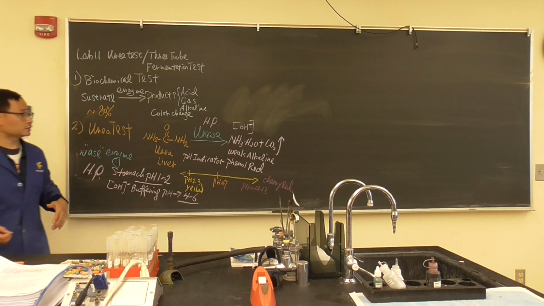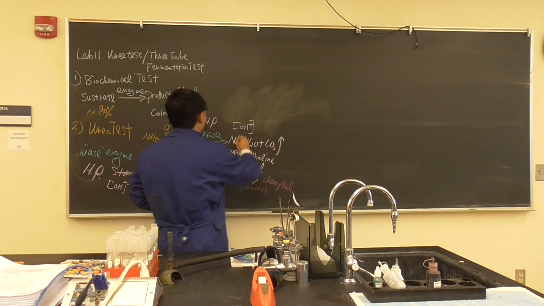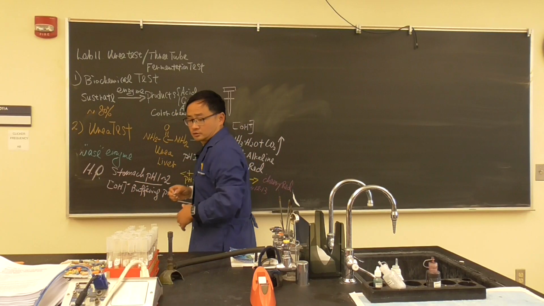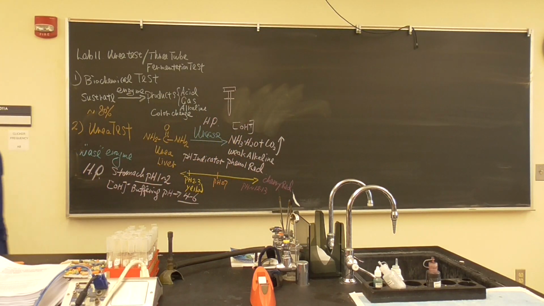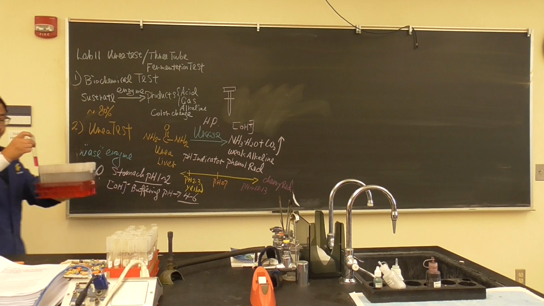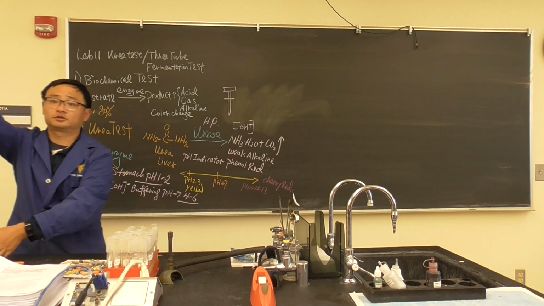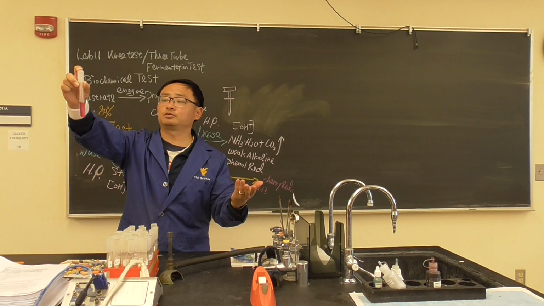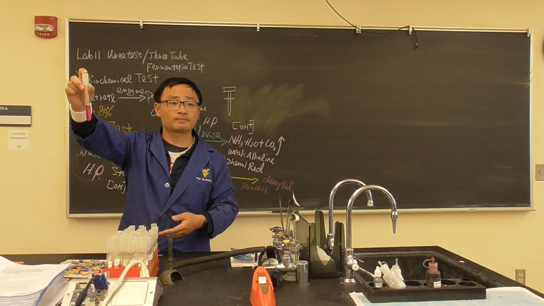So that's the urea test. Now today's work is very simple. We have this tube called the urea tube, and it looks cherry red. We will say it's pink.